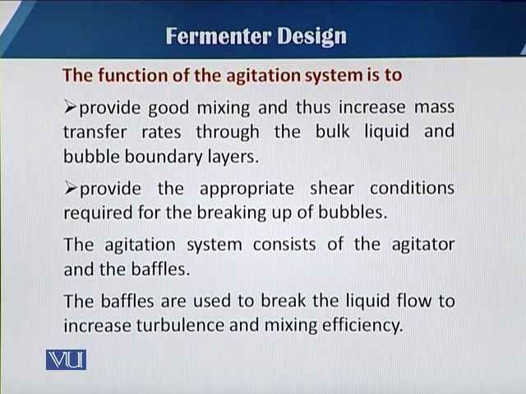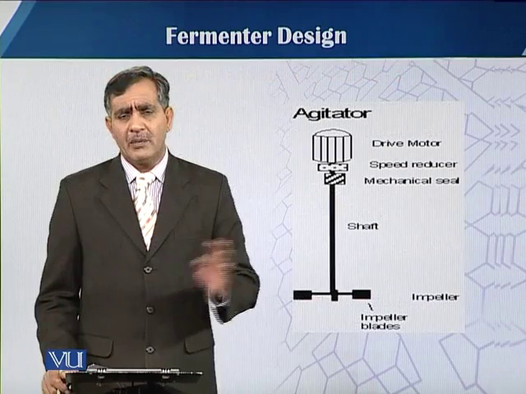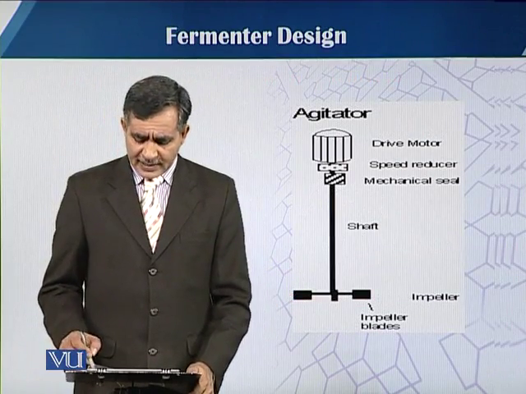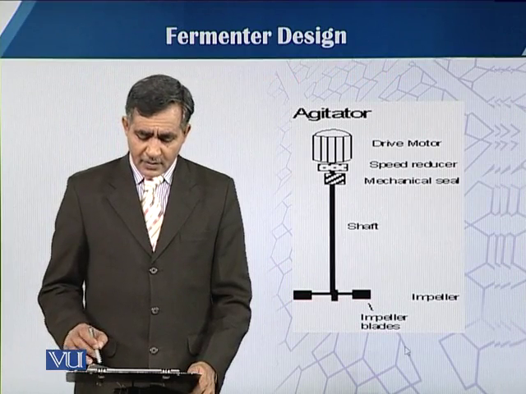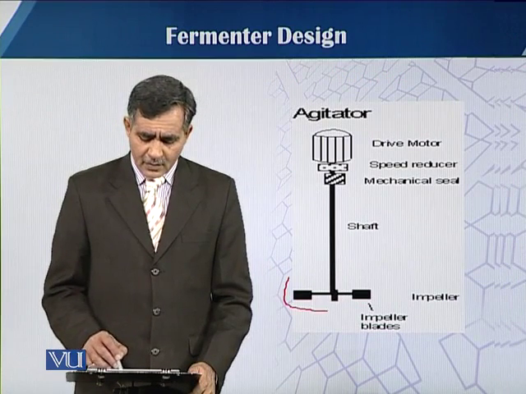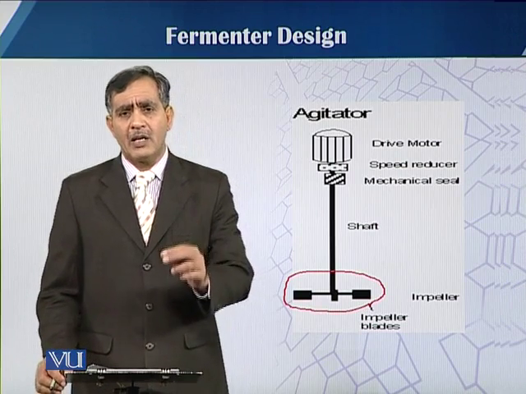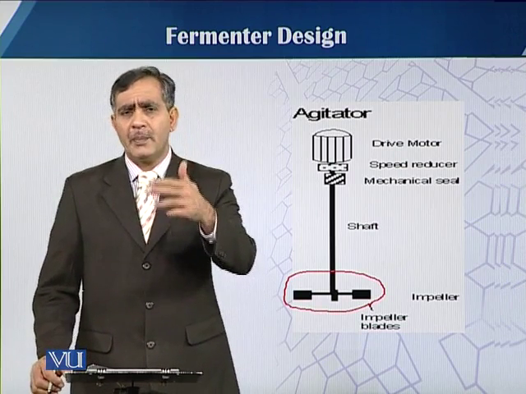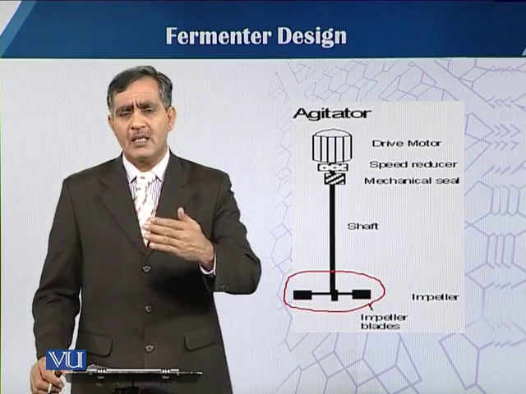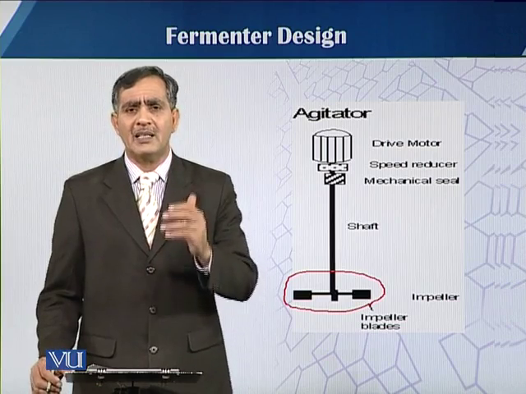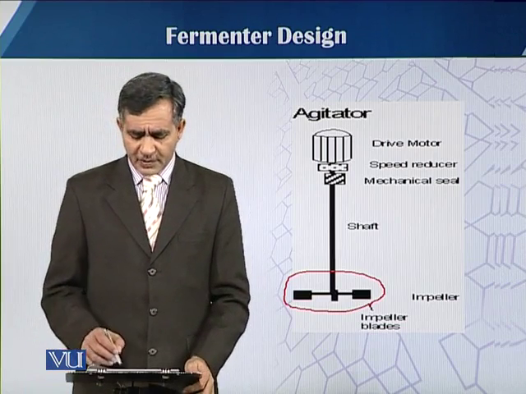In this slide you can see that one part is the baffles and the other is the agitator. As far as the agitator is concerned, one part is the impeller. There can be one impeller, or two, or three; it depends upon the size and the design of the fermenter, how many impellers are attached to the shaft.